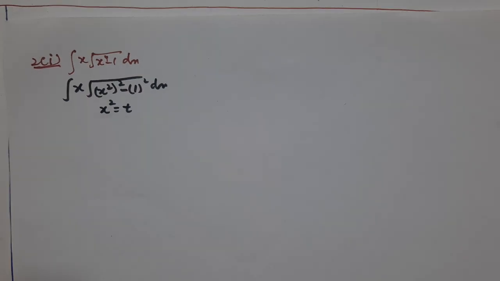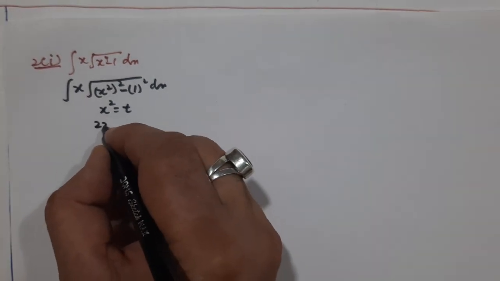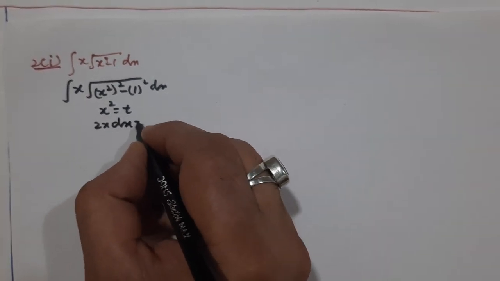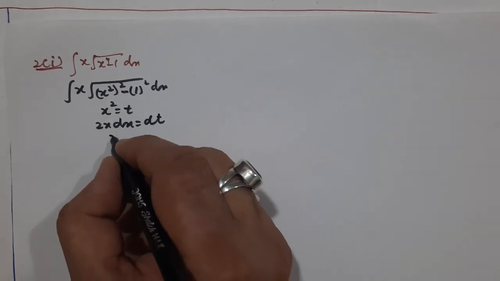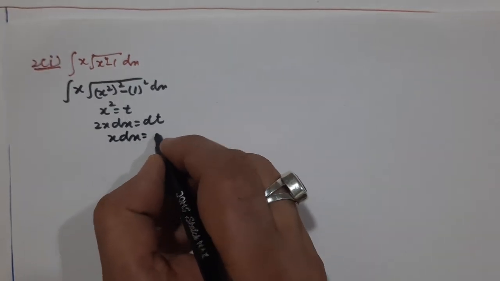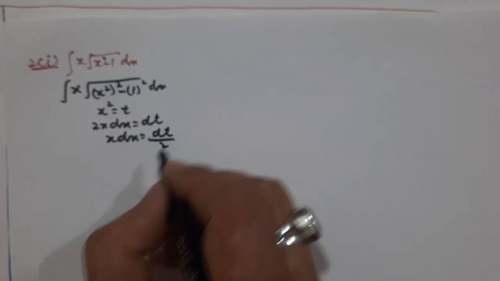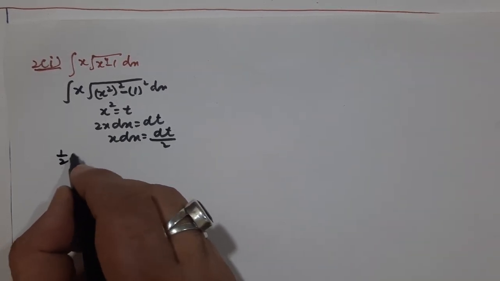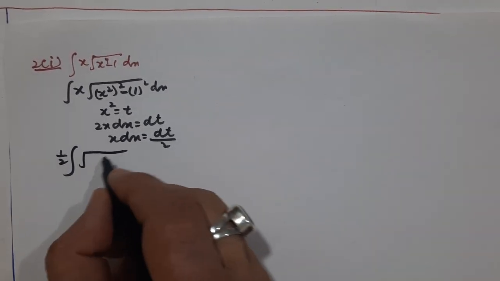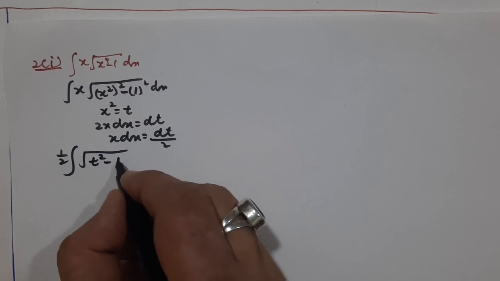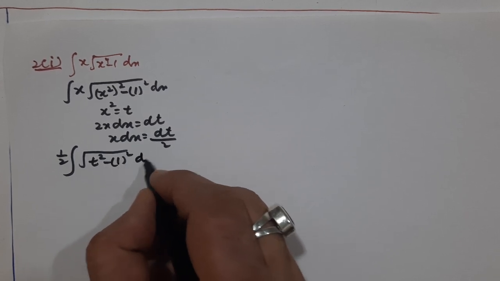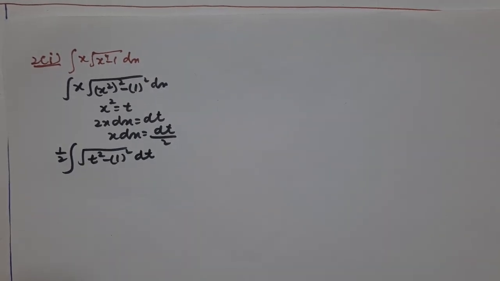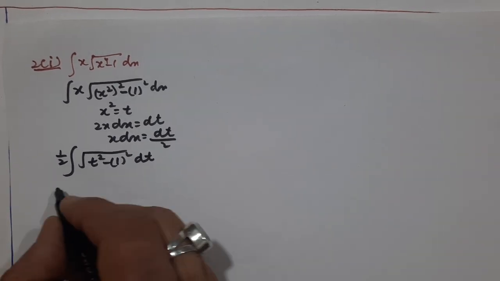So first of all we put x square equal to t, 2x dx equal to dt, and x dx equal to dt upon 2. So students, our question becomes 1 upon 2 under root t square minus 1 square dt. So now this is the formula of under root x square minus a square.